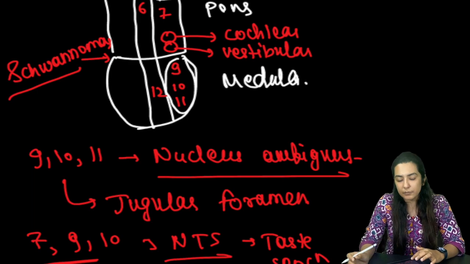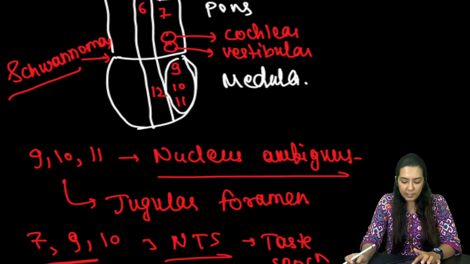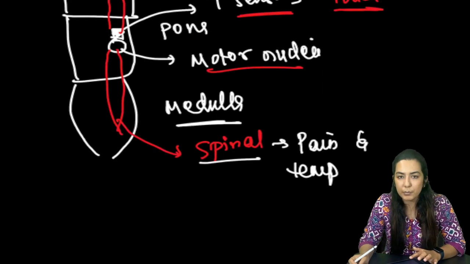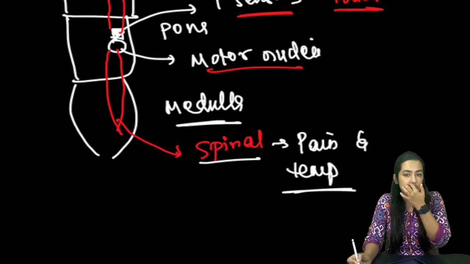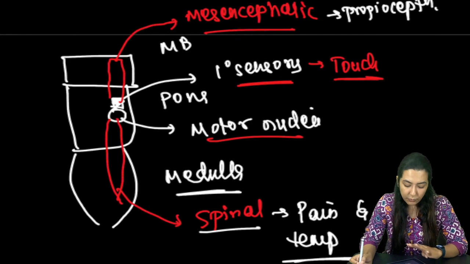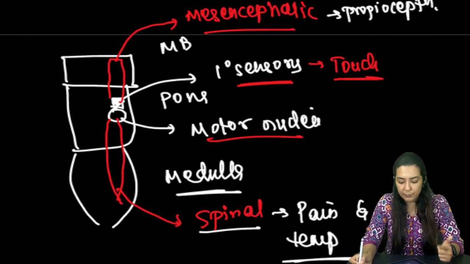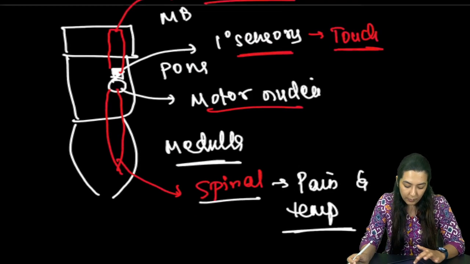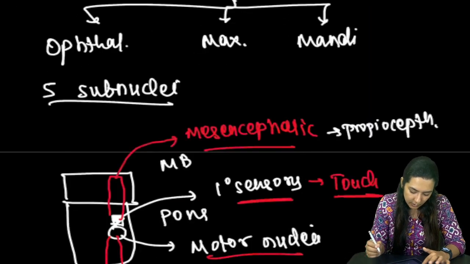Lateral medullary syndrome, Wallenberg syndrome, is a very important syndrome. The 9, 10, 11 cranial nerves and the spinal nucleus of the fifth cranial nerve will be affected, so the pain and temperature on the same side of the face will be affected. So, four subnuclei: mesencephalic, primary sensory, motor, and spinal nucleus of the fifth cranial nerve. I hope I am clear in this.